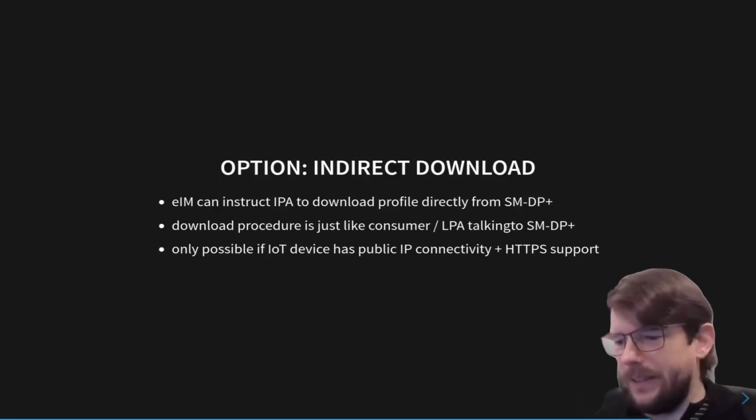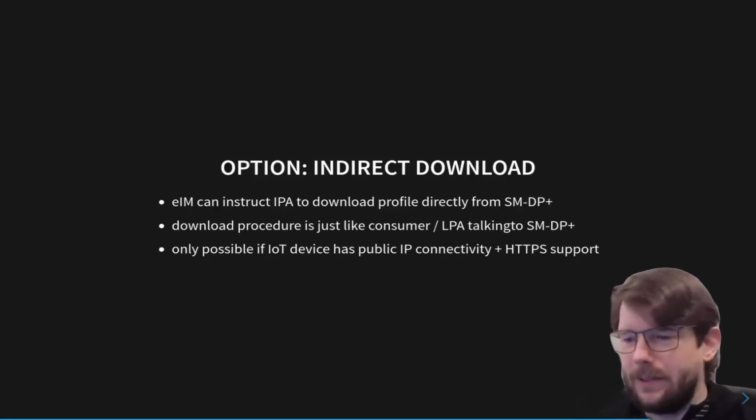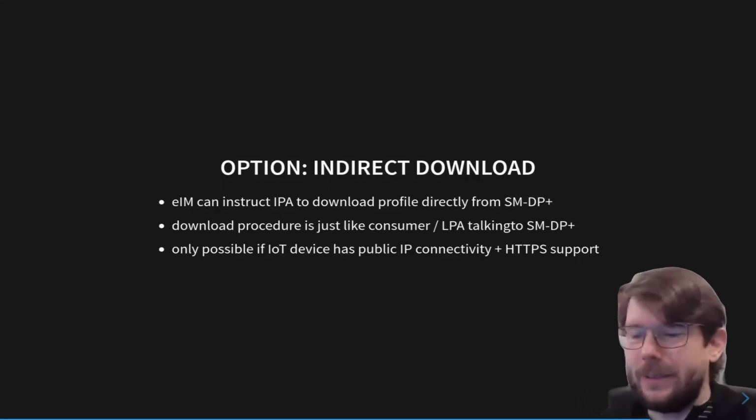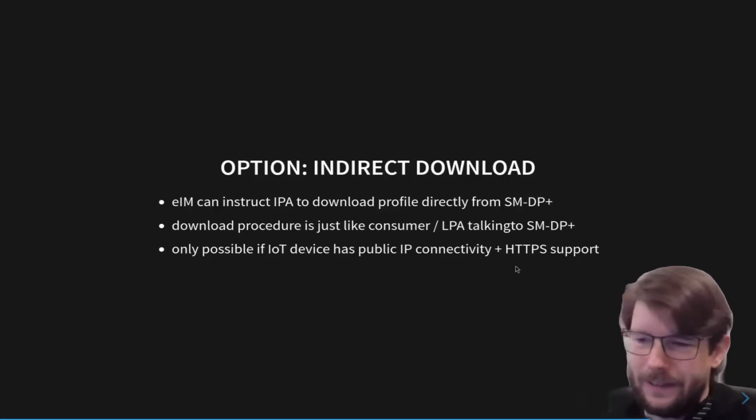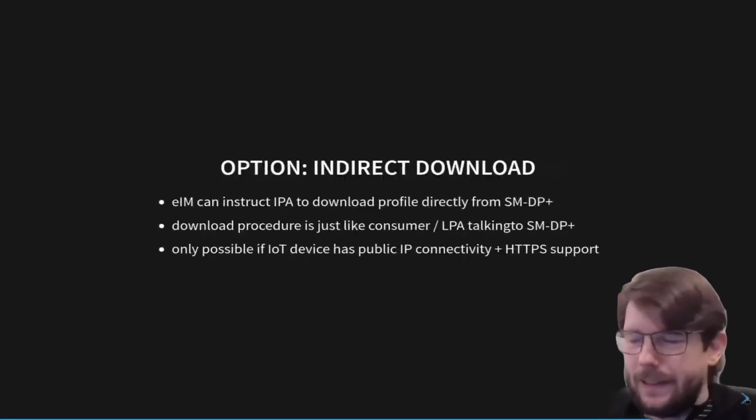And it also means that HTTPS support and JSON and all of that needs to be present in the device, which for many constrained IoT devices will also be not very likely. So I think the EIM assisted download that we described in the slides will be the normal, the more dominant case that we see deployed.